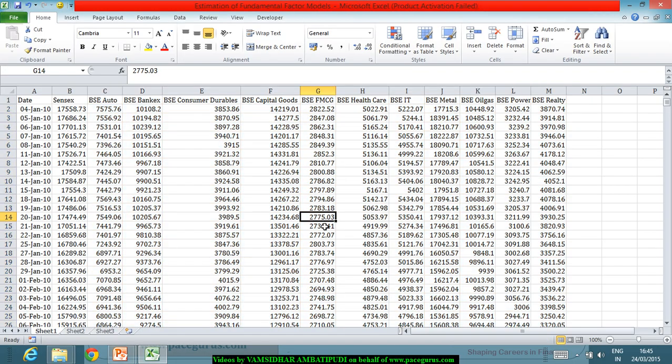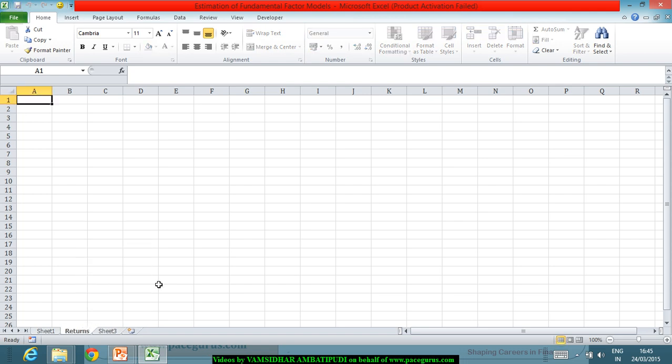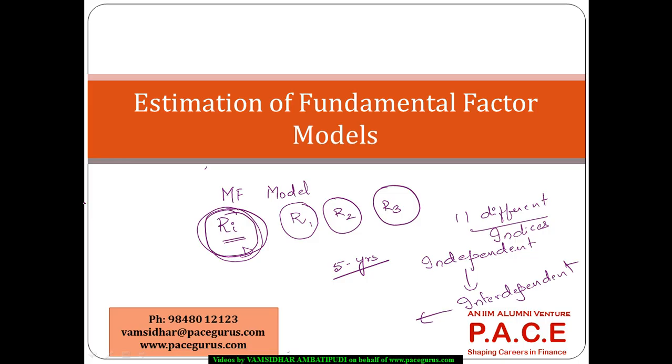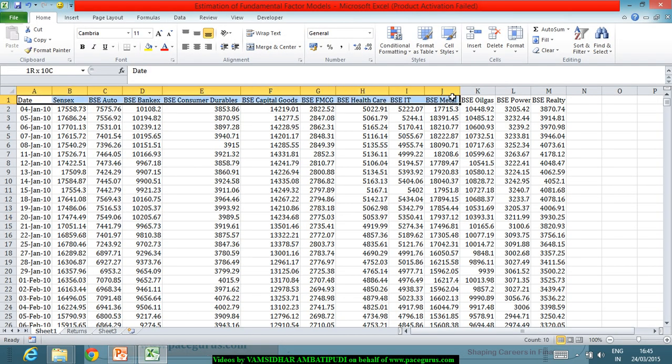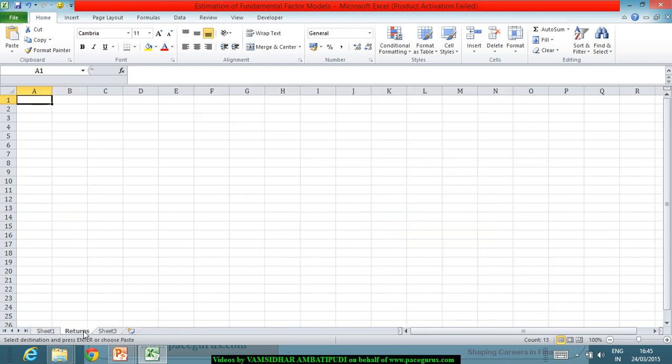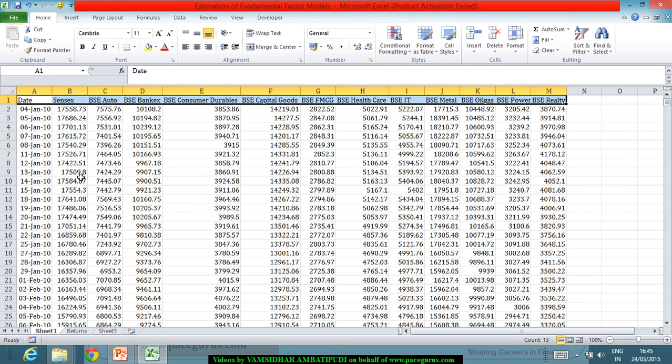Okay. So to do that, initially what I'll try to do is I'll compute the returns for this entire data. So I'll call this new sheet called returns, and probably I'll take the data from the first row as it is, right? I'll copy the first row as it is.